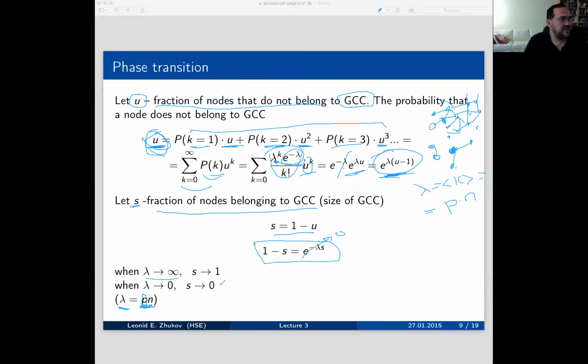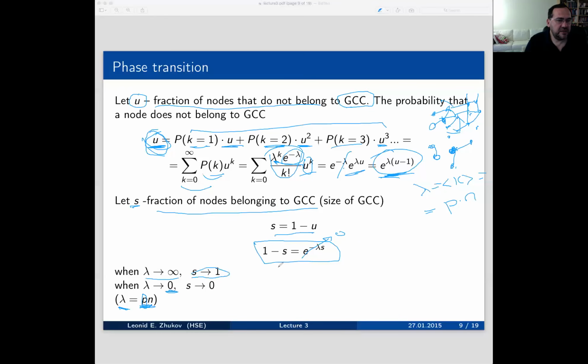Well, it makes sense, because when we have large lambdas, it means very high density. It means, yes, we should eventually get every node belonging to the component. So S is a fraction of nodes belonging to the component. When lambda goes to 0, on the other hand, that really means that we're dropping p to be very low, so the density is very low.